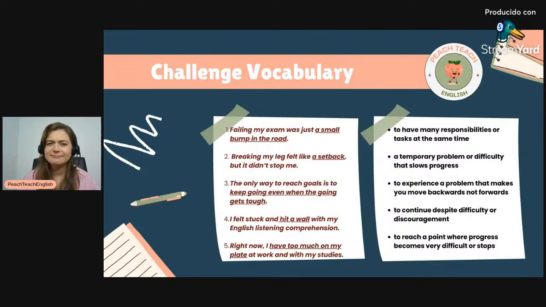And this is the last one, so it's probably obvious what the answer is. So this one is going to mean that you have many responsibilities or tasks at the same time. It's too difficult for you to maintain all of these responsibilities. It's like a plate of food, right?